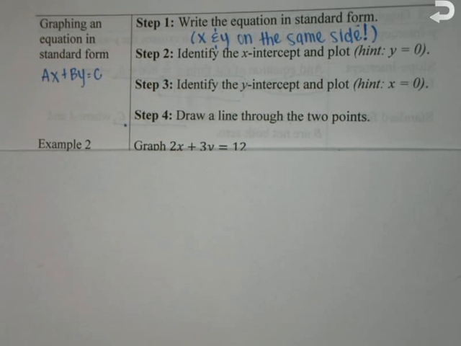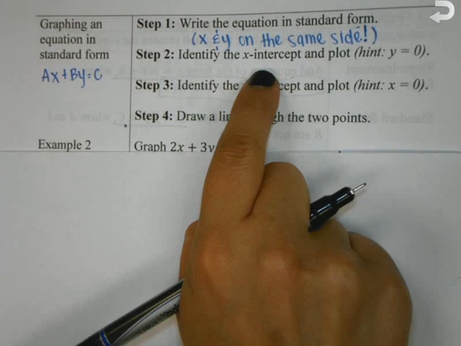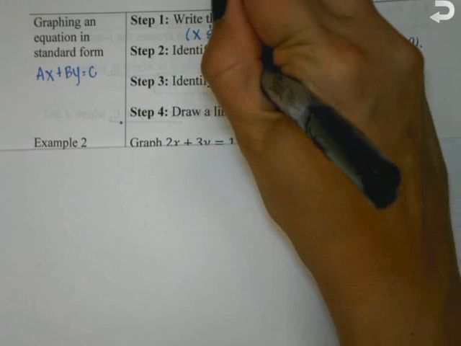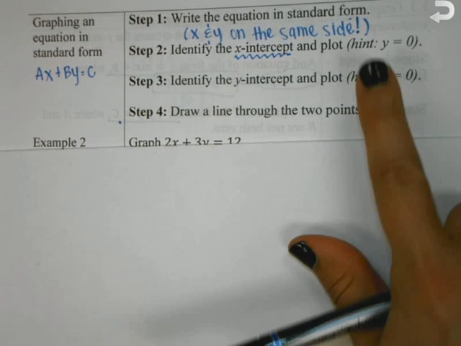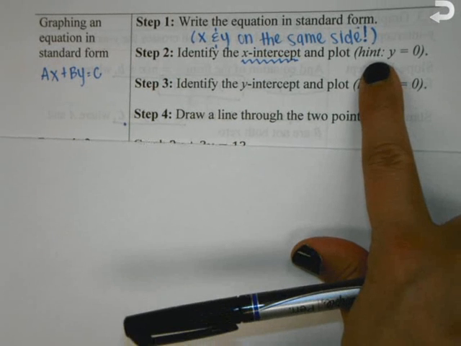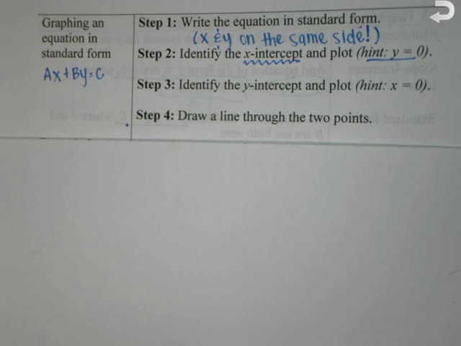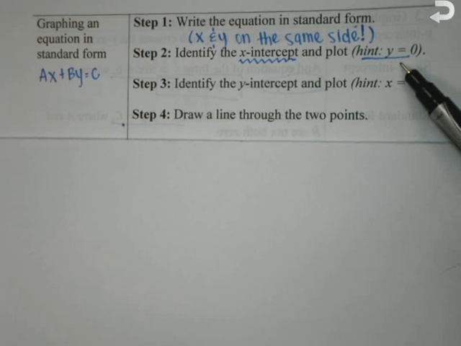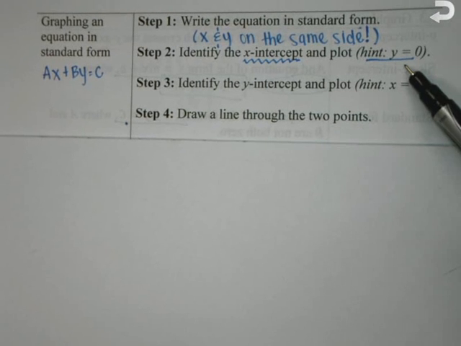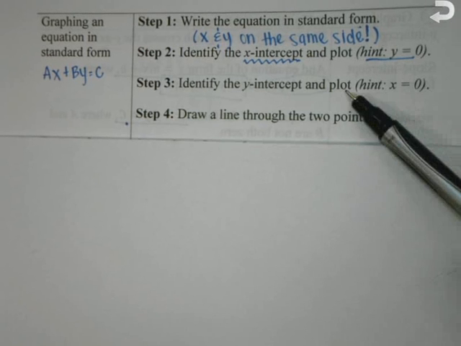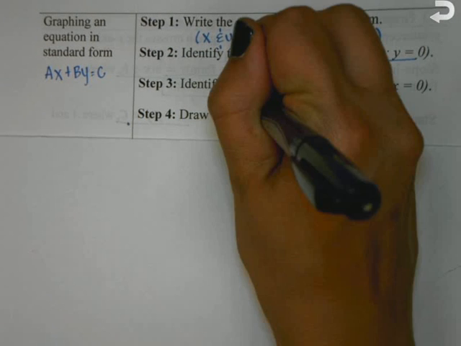Step 2, we want to find the x-intercept. So you want the x-intercept and plot it. And a hint is, if we're crossing the x-axis, y will always be 0. So you want to plot the x-intercept by plugging y equal to 0. Step 3, we do the same thing, except this time we're looking for the y-intercept. So x is equal to 0.